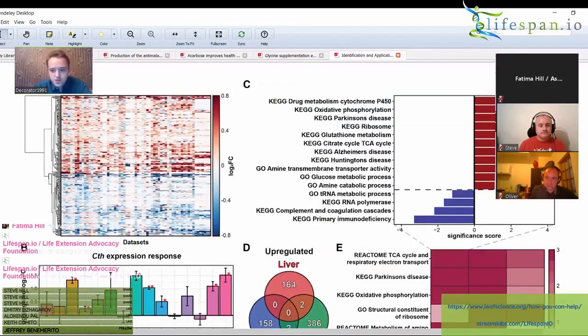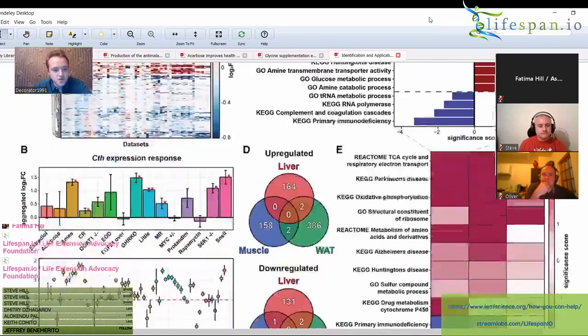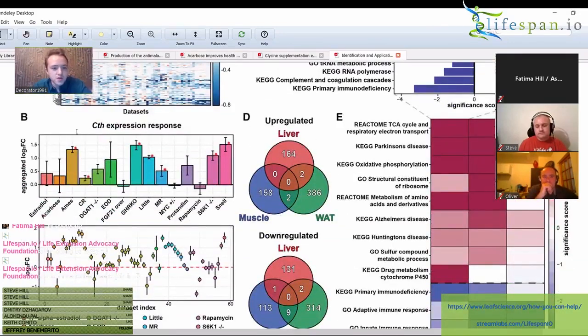So we did it again, both at the level of individual genes and at the level of functional enrichment. At the level of individual genes, it's shown on panel B, for example. This is CTH, which is cystathionine gamma lyase, which is involved in the metabolism of methionine and in production of H2S.